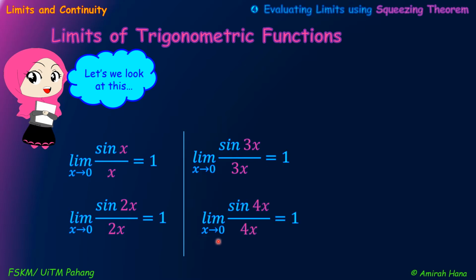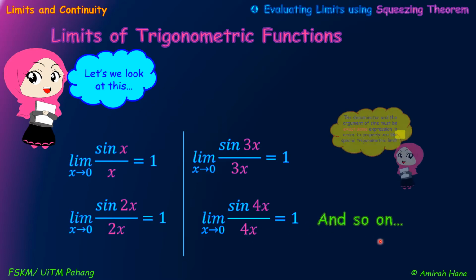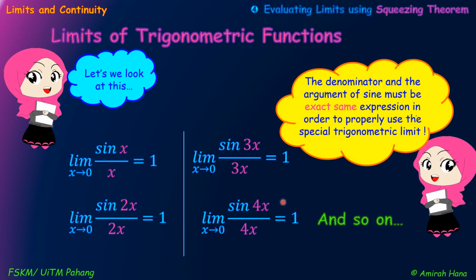Limit as x approaches 0 of sin 4x over 4x equals 1, and so on. The denominator and the argument of sine must be the exact same expression in order to properly use the special trigonometric limits.